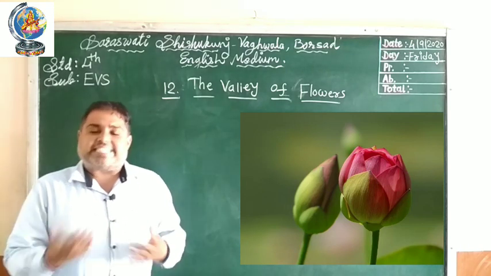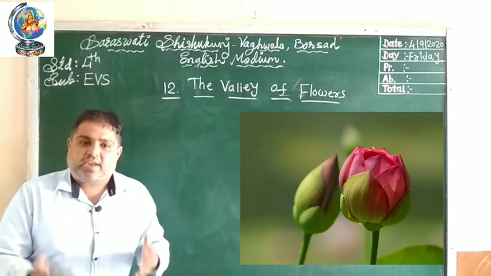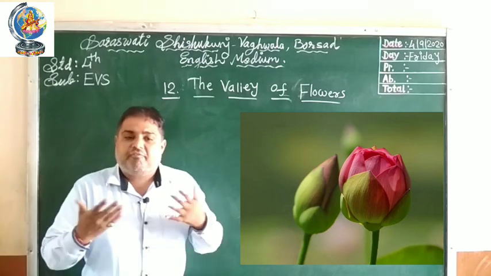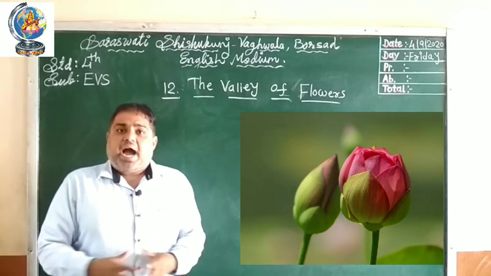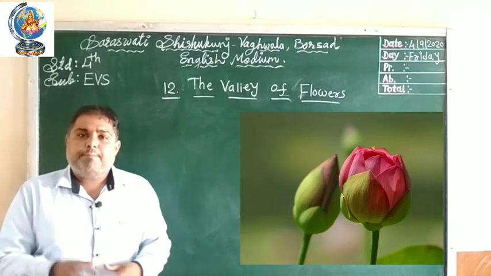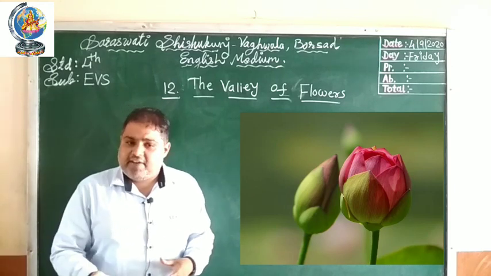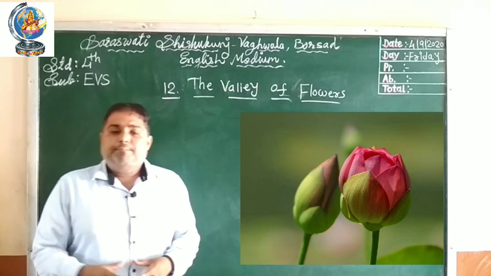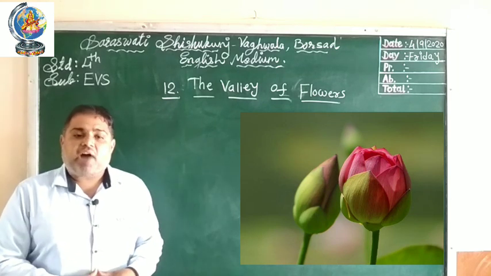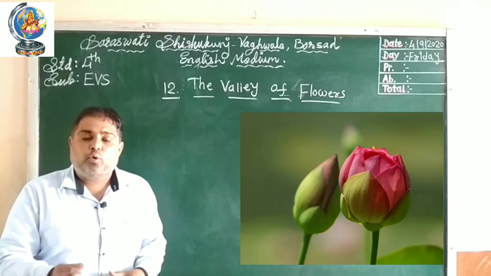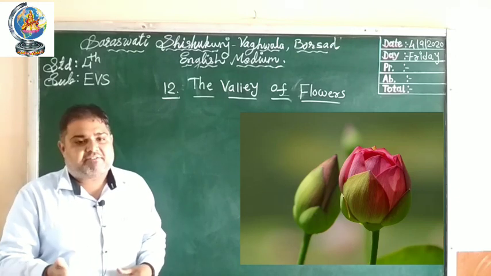So students, this is a difference between a bird and a flower. Next student, how many days does a bird take to transform into a flower? So, a bird takes 4 to 5 days to bloom into a flower.